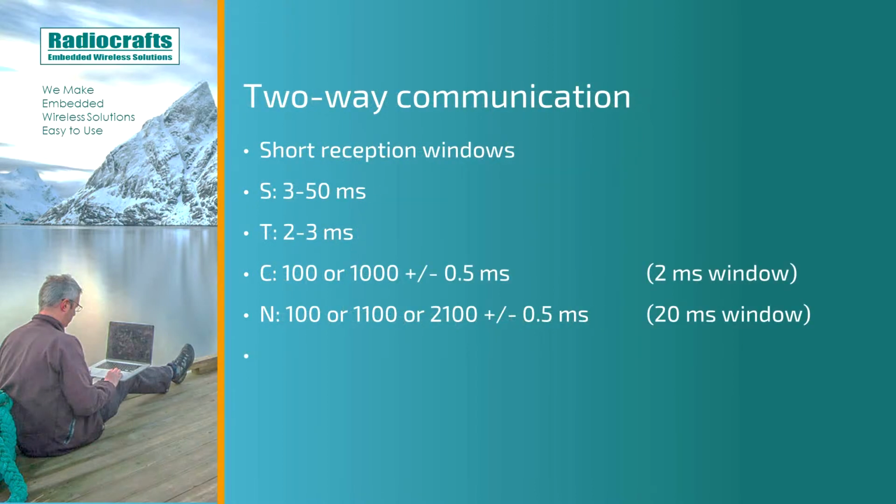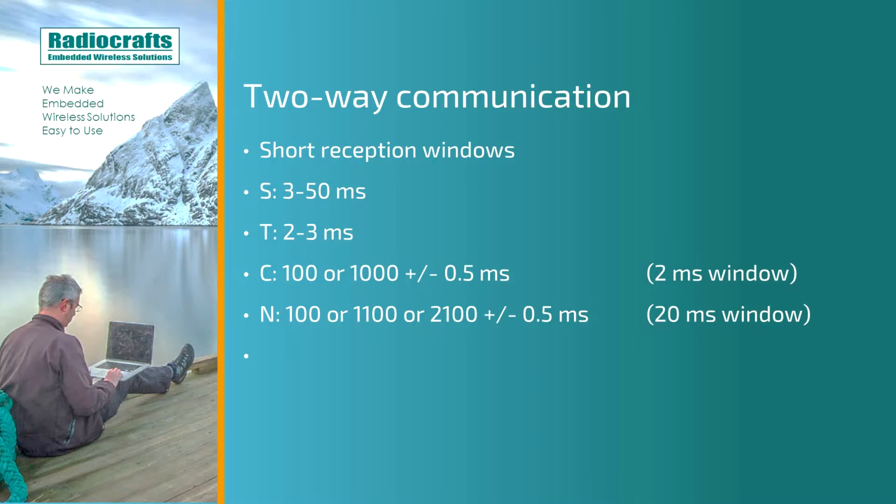A very important feature of wireless M-Bus is the method used for two-way communication. So instead of the radio listening all the time for new messages, or even polling for new messages, wireless M-Bus uses a technique where the radio receiver in the meter is switched on only for a short time just after doing a transmission.